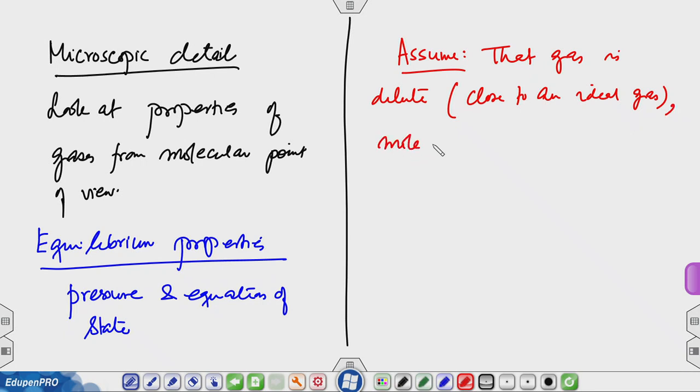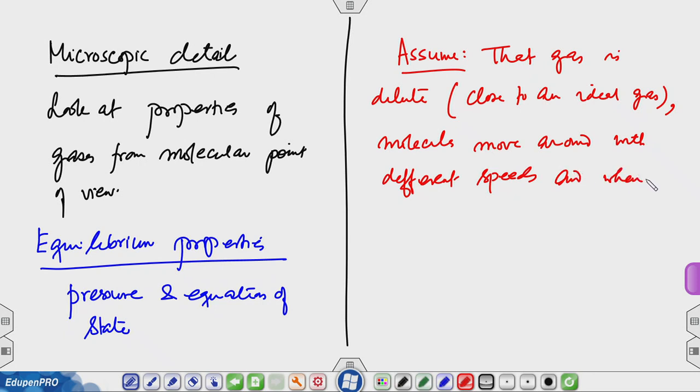Molecules move around with different speeds, and when hitting the wall of a container, apply a force on it.